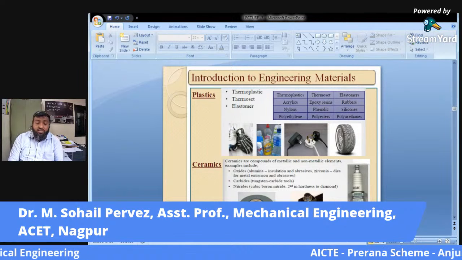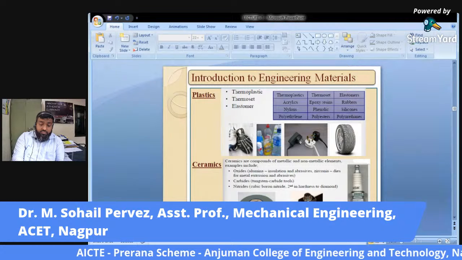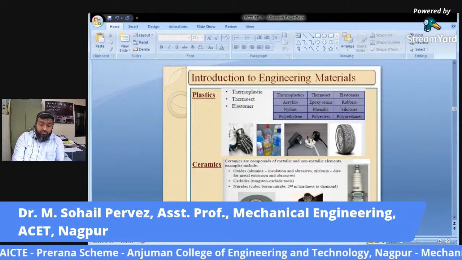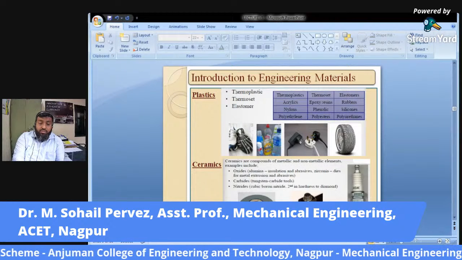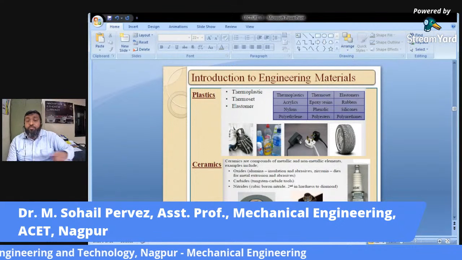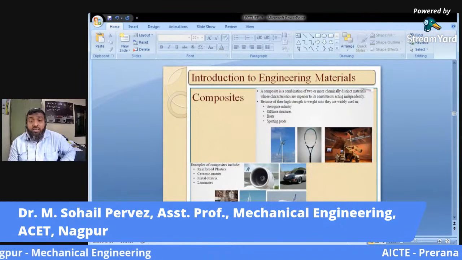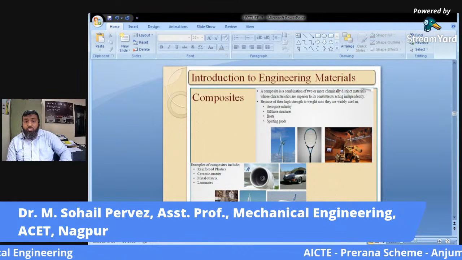So these are the basic applications. Nitrides is again the best example. Yes, composites.